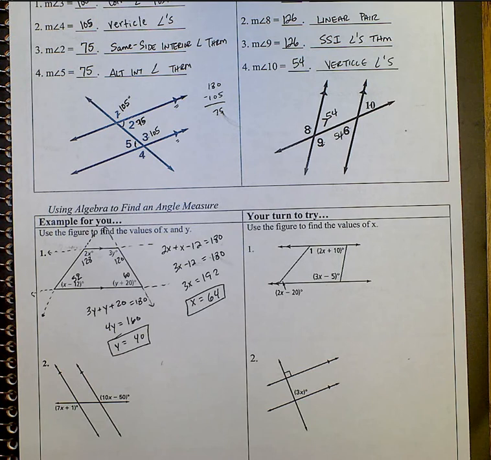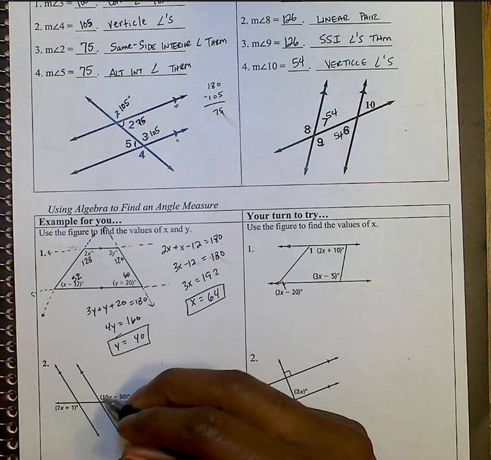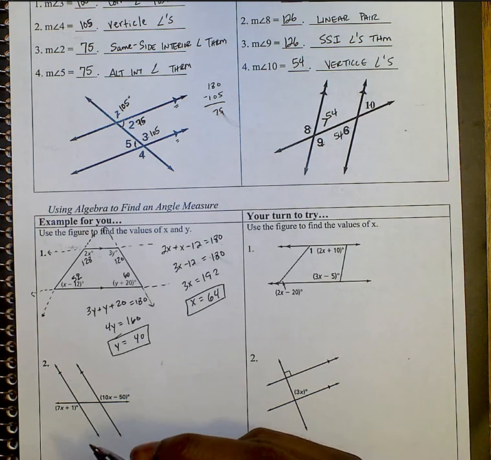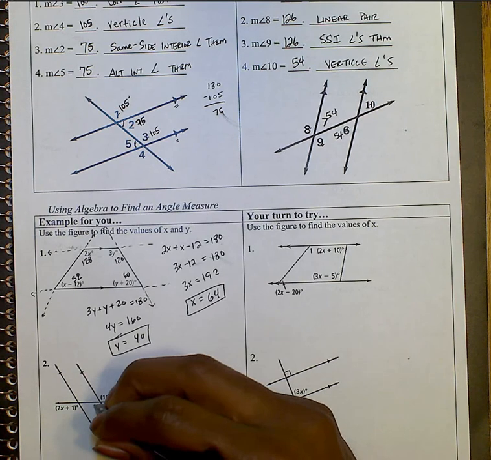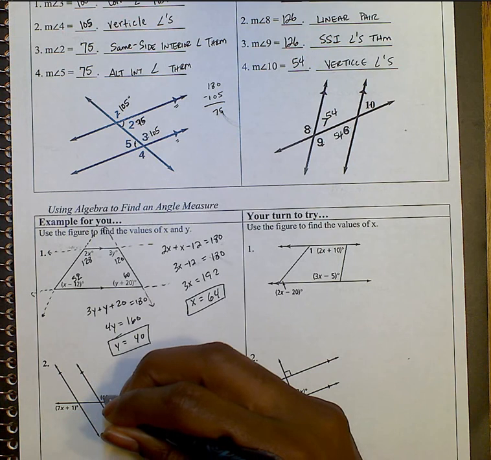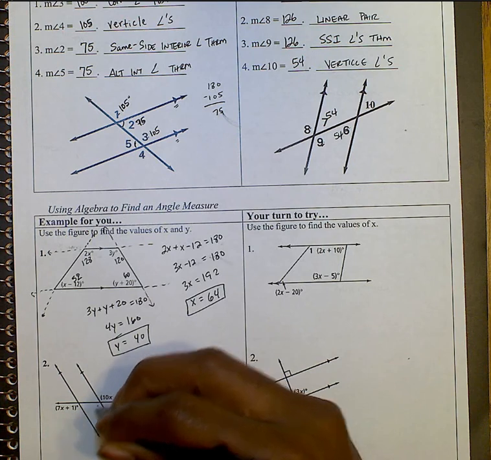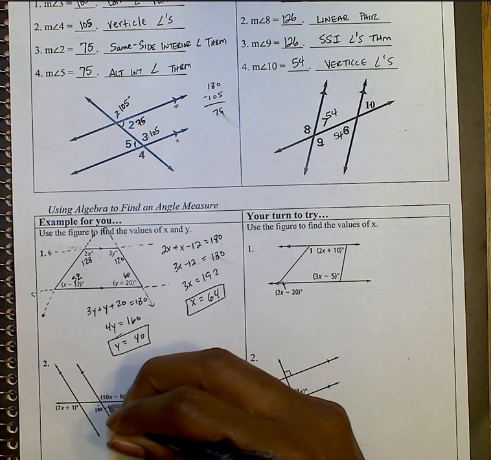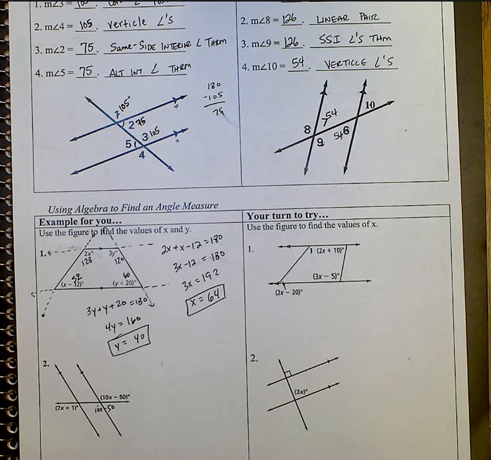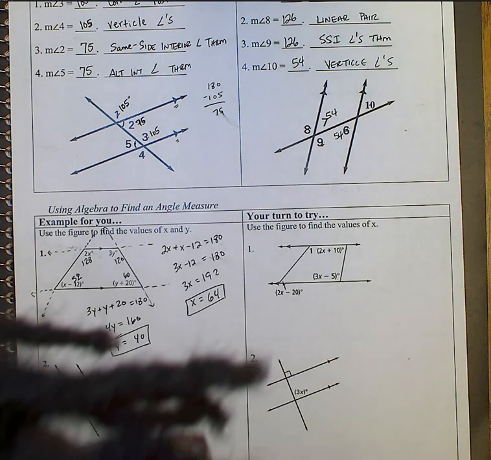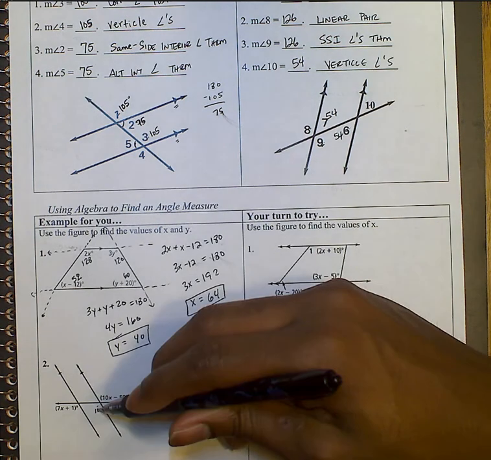But what we can see is that these two angles are the same. These two are vertical angles. So I'm going to say that this is 10x minus 50. Hope I got that. Okay, so this is 10x minus 50.